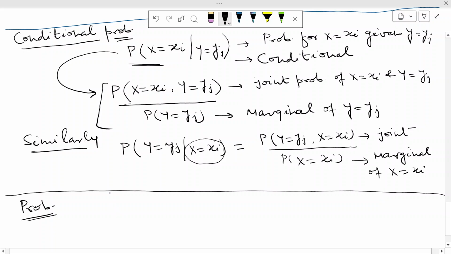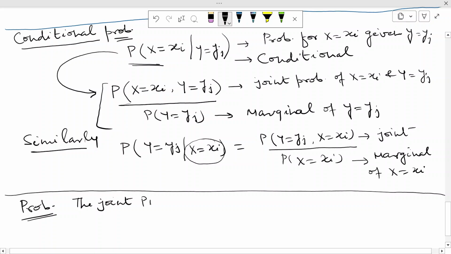Okay, so let us consider the case of a two-dimensional discrete random variable where we are having this joint PMF.